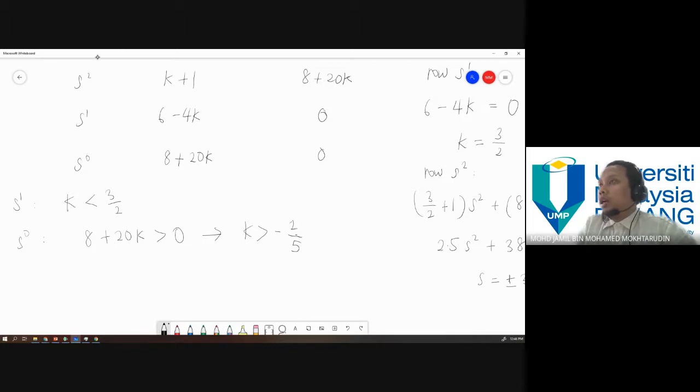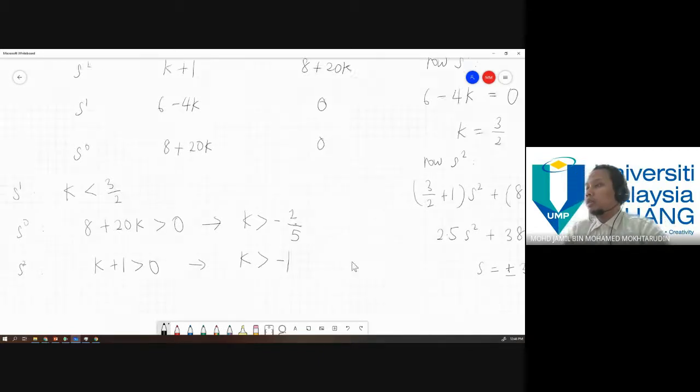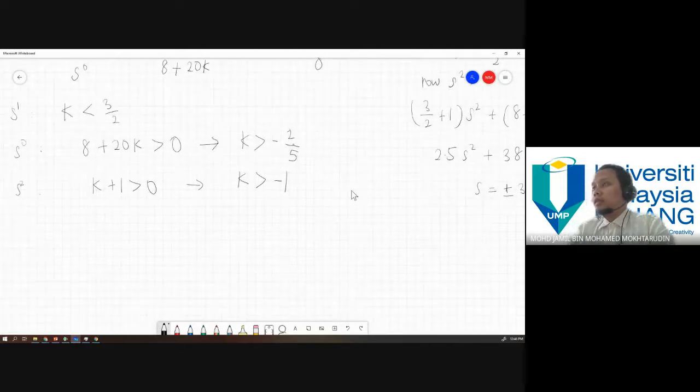And then use row S squared. So here K must be bigger than minus 1. Okay, which one do we choose? So we can do a number line.